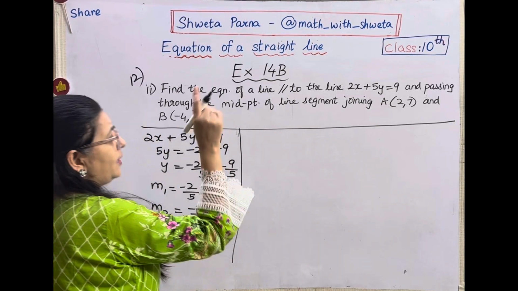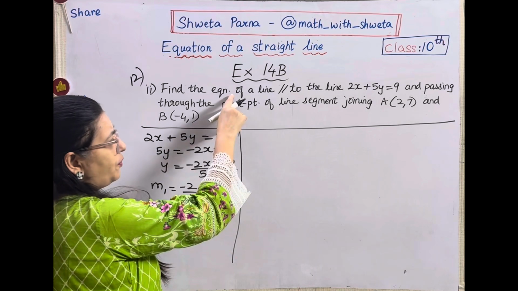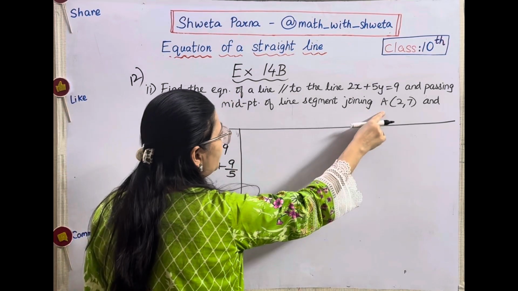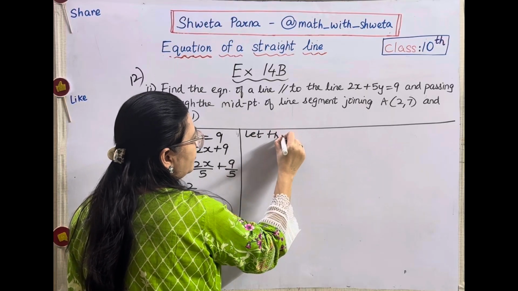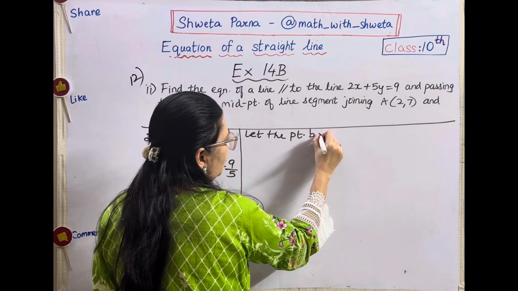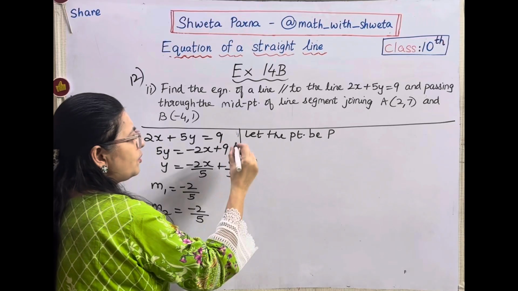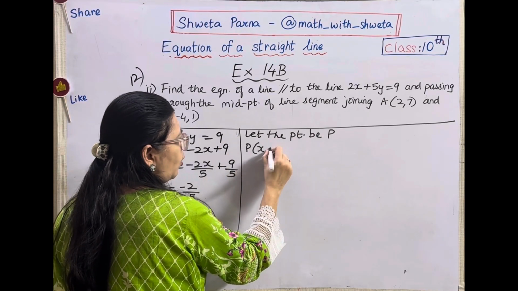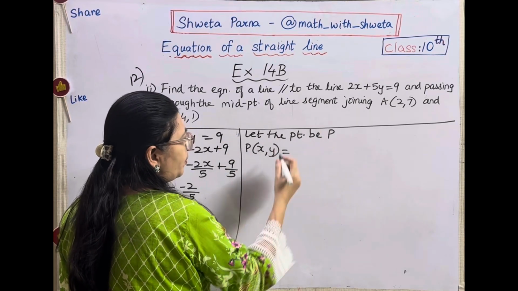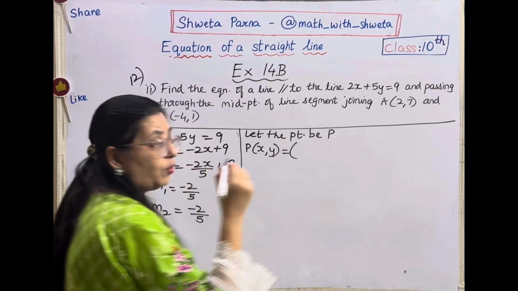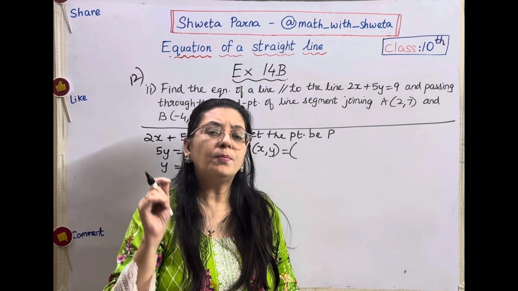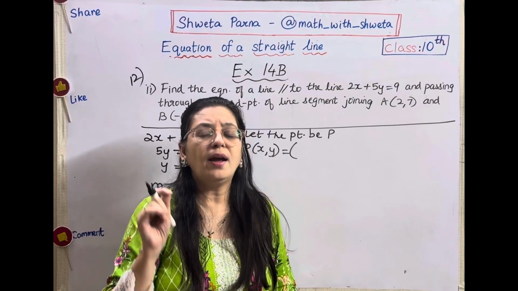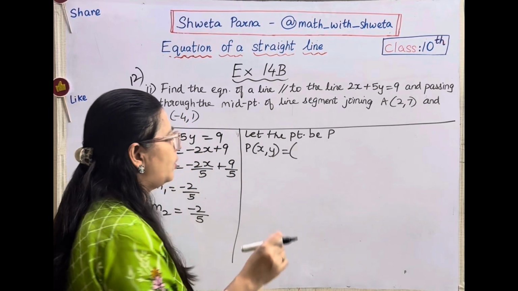Now the line which we have to find passes through the midpoint of this. So let the point be P. Now this point P, we have to find the coordinates and it is the midpoint of AB. So how do you find the coordinates of the midpoint? X2 plus x1 upon 2 and y2 plus y1 upon 2.